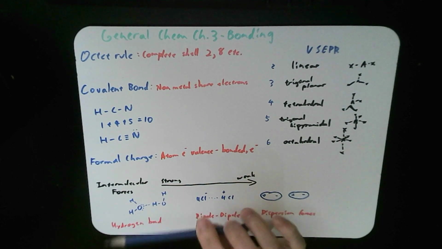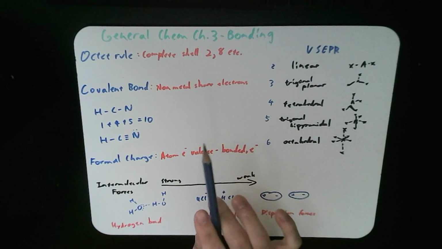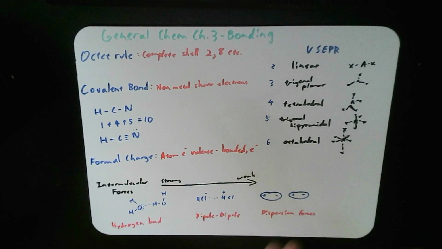Remember from our tables of trends, the higher up you go and the more to the right, the more electronegative an atom is. So we have polar covalent as well, and the last one is coordinate covalent, where one atom donates all of the electrons to be shared in that covalent bond.